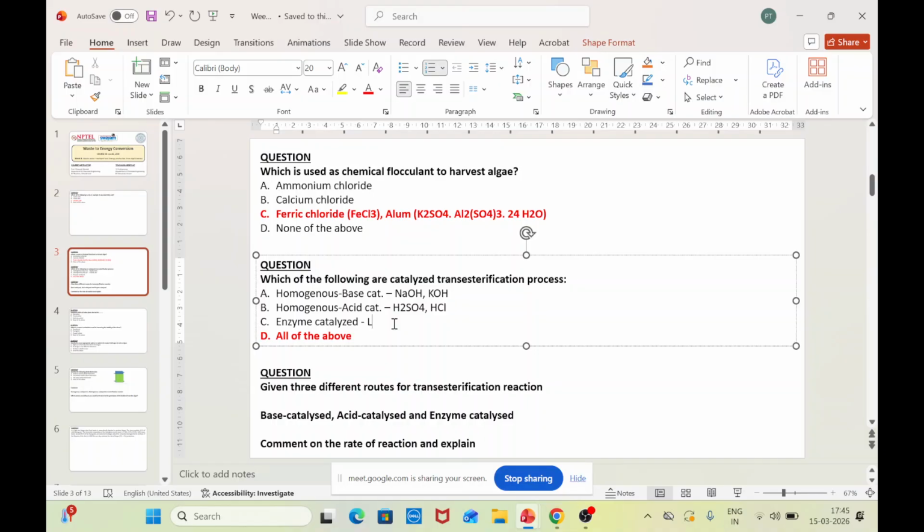So for enzyme catalyst, it is Lipozyme 60, and the next one is Novozym 435, and some lipases also can be used for the enzyme catalyzed transesterification process. So kindly have a look at the examples as well. Sometimes they may be helpful.